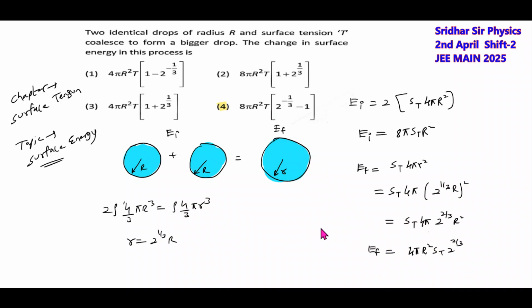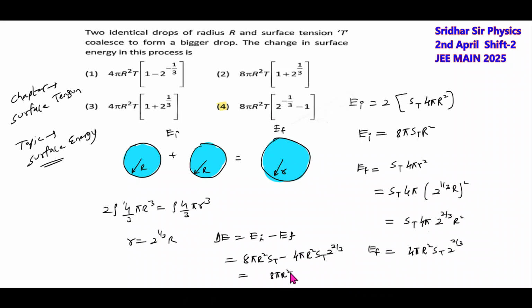The question is asking for the change in surface energy in the process, so you have to take the difference of these two. Delta E equals EI minus EF, which is 8 pi r square ST minus 4 pi r square ST 2 to the power of 2 by 3.